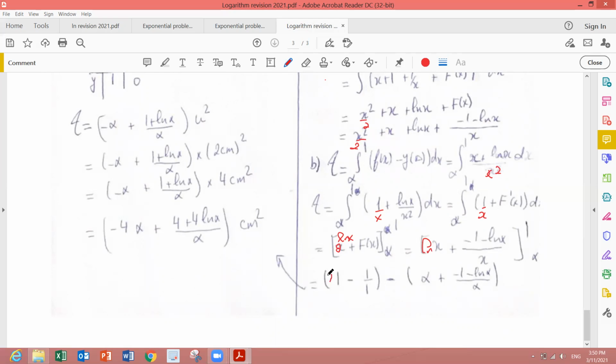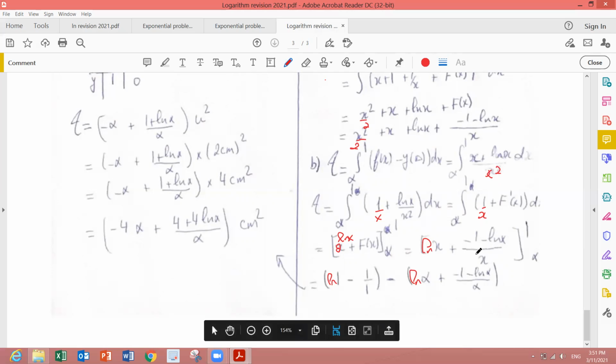It will be ln 1 minus... We put instead of x: ln 1 minus 1 over 1 minus ln alpha, and (-1 minus ln alpha) over alpha.